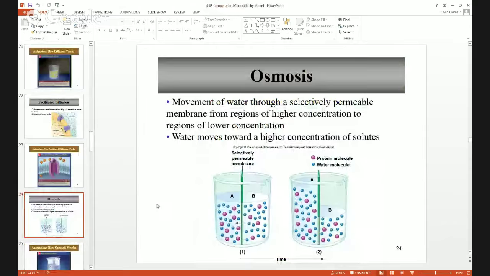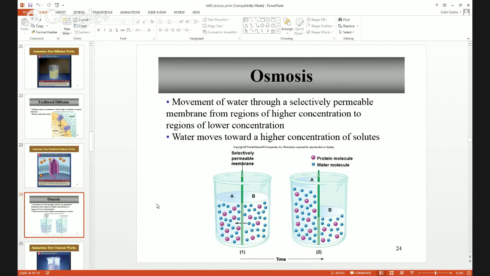Osmosis, however, is the movement of water through a selectively permeable membrane from regions of higher concentration to regions of lower concentration. So what will happen is the water will move toward a higher concentration of solutes. As we see in number 1, we have a selectively permeable membrane, and we have an A and B side.